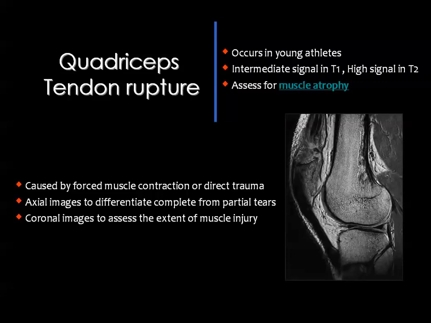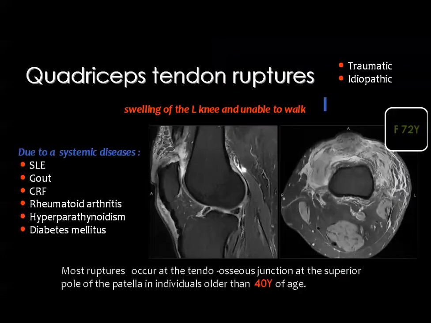But if the muscle bulk is maintained, then there is a good possibility for repair of the tendon and re-achievement of the muscle function. This is an example of a rupture of the quadriceps tendon near its patellar insertion, with the interruption of its fibers and the fluid signal intensity at the site of the tear.